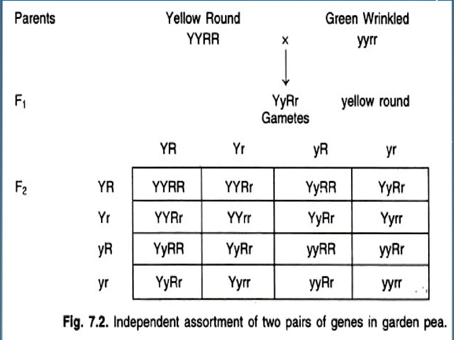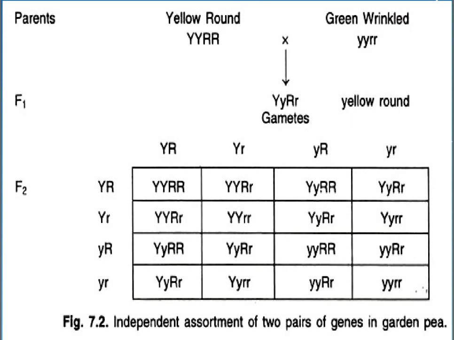The behavior of all these genotypes was studied in F3 generation, and out of 9 yellow round individuals, the one with capital Y capital Y capital R capital R was found true breeding in F3 generation. The other 8 individuals showed segregation of various types. Similarly, out of 3 yellow wrinkled individuals, one bred true and the others segregated in 3:1 ratio. So this is according to Mendel's law of independent assortment.